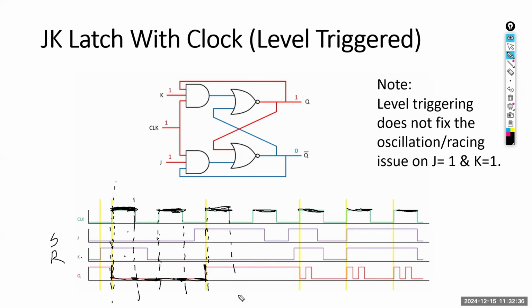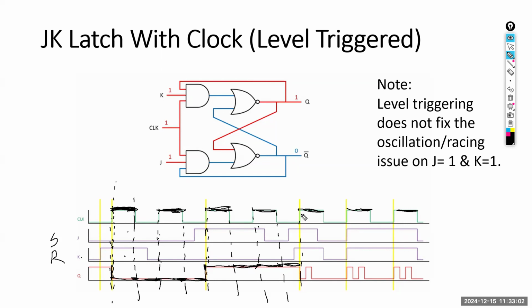During this period, no change, so it stays there in memory. Now again it goes up, S means J, and it's set. Then it goes to 0, but that is memory, so it stays there. Though it goes down, it is memory now.